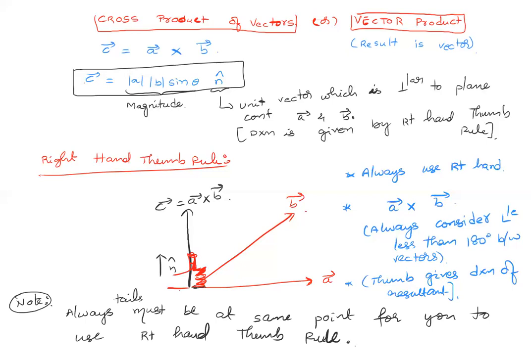So in the right hand thumb rule, you place four fingers, meaning all four fingers except the thumb, along A bar and rotate towards B bar.